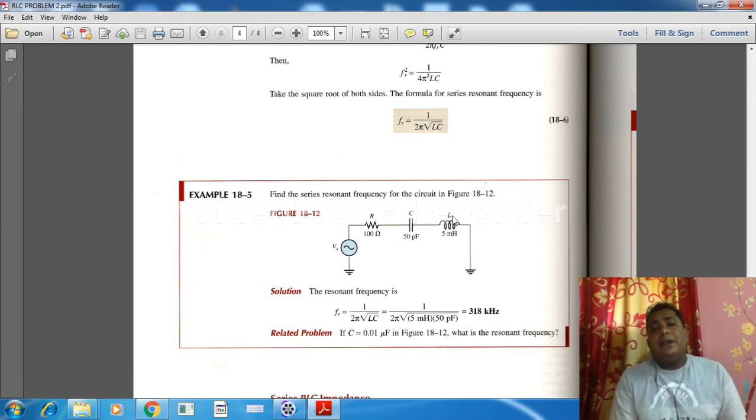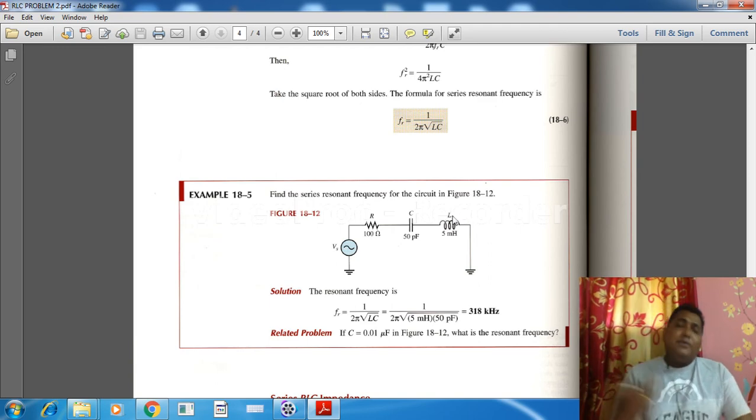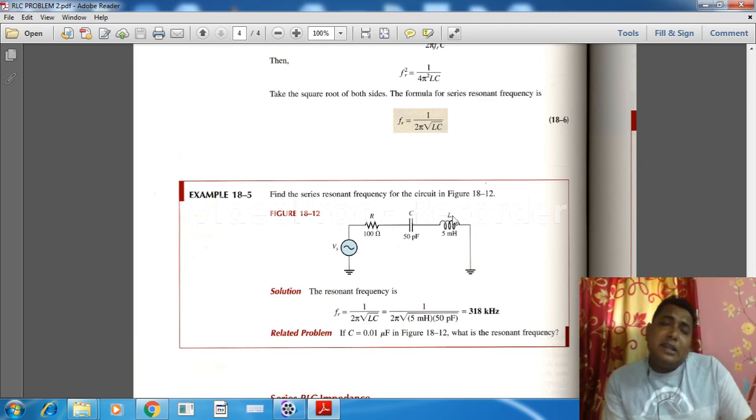So when we have to find out the values at the resonating condition, the current formula will be V by R only, not Z, because at resonance Z is equal to R, so no change is there. So first we find out the current I, that is V by R. After finding that, I multiplied with R gives us the voltage across the resistance.